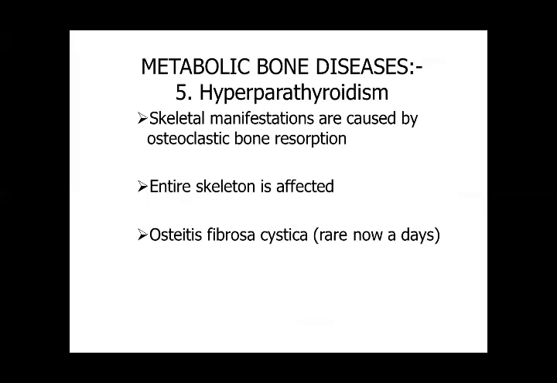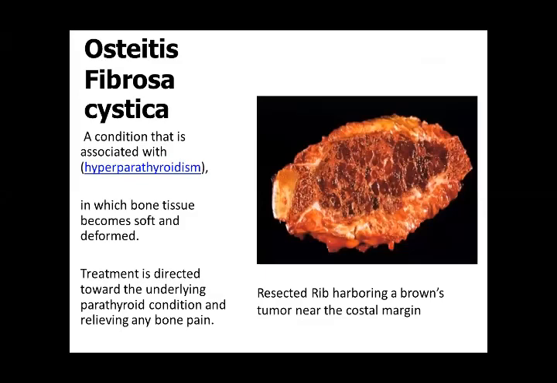Osteitis fibrosa cystica is rare nowadays, but it does exist, and so the term does exist as well. Osteitis, inflammation, fibrosis, and cyst formation is a condition associated with hyperparathyroidism in which bone tissue becomes soft and deformed.